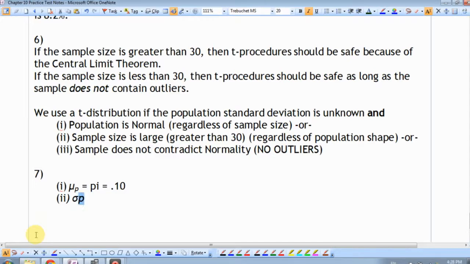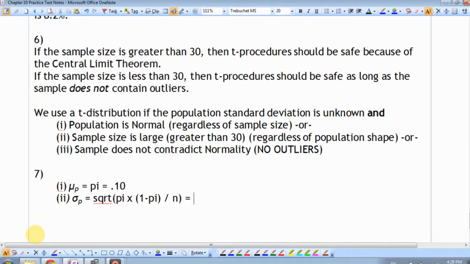These are three things you always have to know. The standard deviation is equal to the square root of pi times 1 minus pi, divided by n, all under the radical.